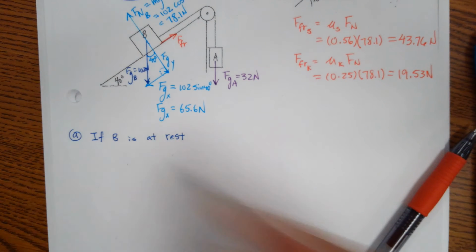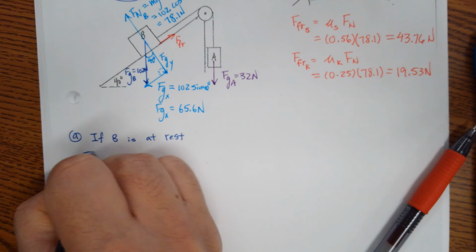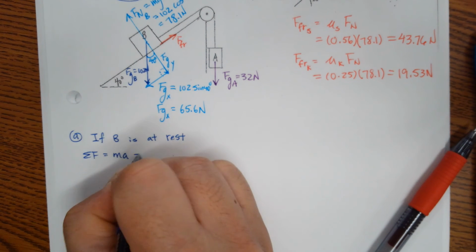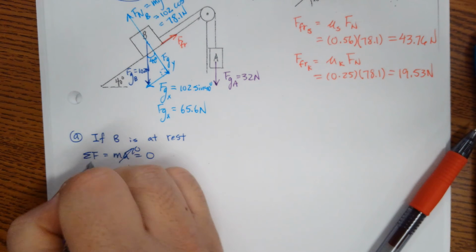Here we know the sum of all force is equal to ma, which is equal to 0 in our case, because it's stable.